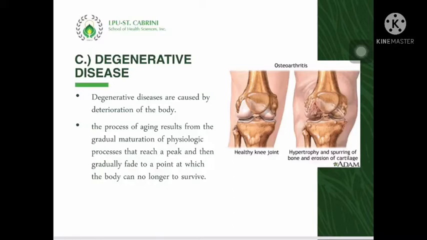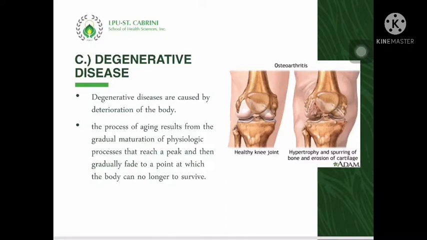So, normally, ang knee joint, maganda yung cartilage. Smooth siya. Kapag inilakad, hindi magani. Kapag nag-osteoarthritis, this cartilage will become eroded, nagkakaroon ng erosion ng cartilage. Nasisira yung cartilage. And even the bone itself will have spurring.